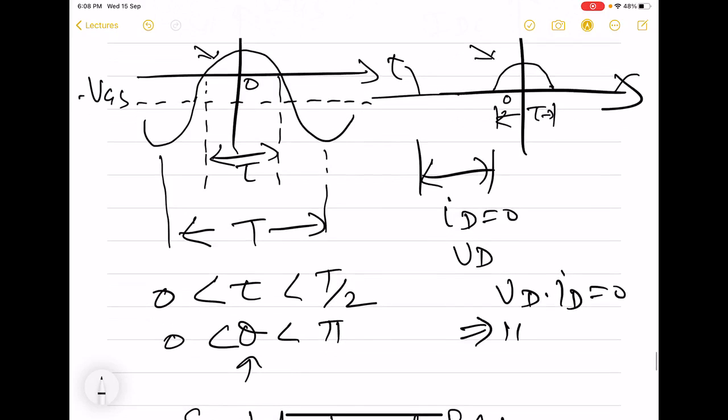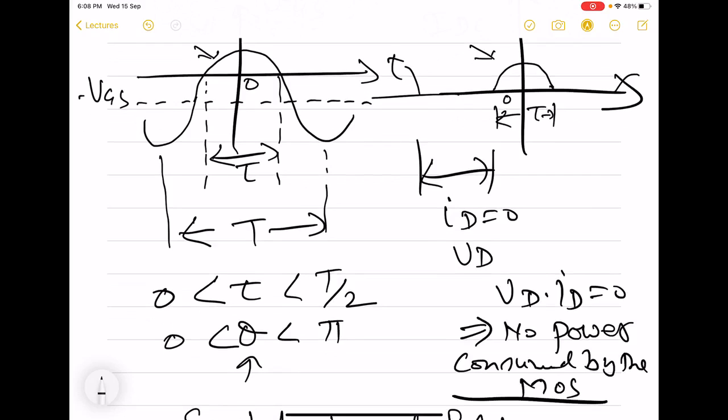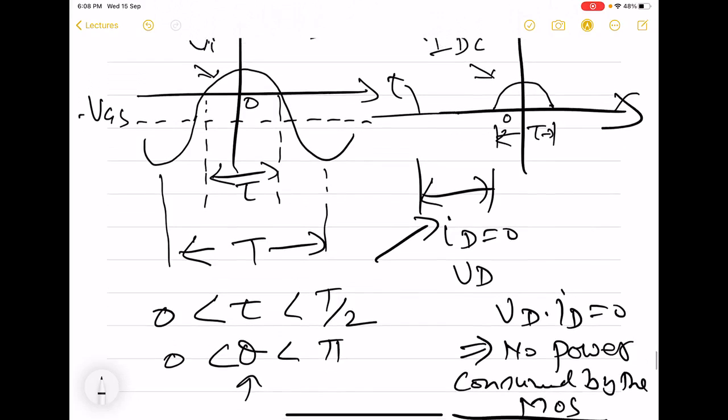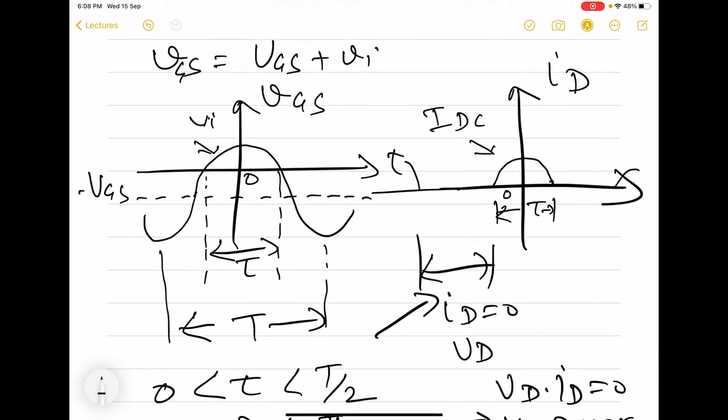That means no power consumed by the MOS for this duration for which it is turned off. So in this way, we try to reduce the power consumed inside the MOS and hence increase the efficiency.